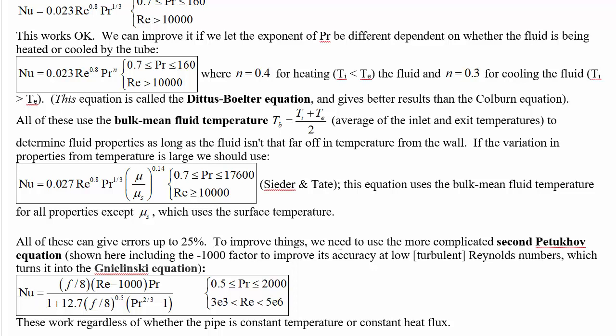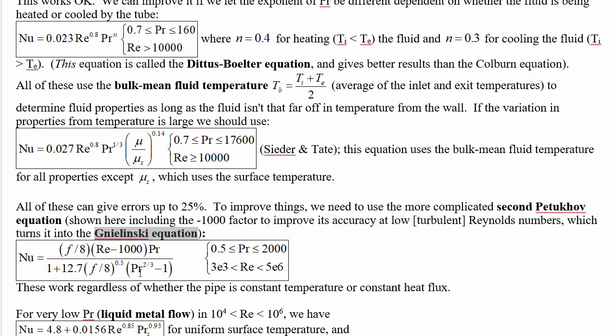So to improve things, we probably need to use a more complicated second Petukhov equation, which is shown here, including the -1000 factor to improve its accuracy at low turbulent Reynolds numbers, which then turns it into the one that we're going to use most of the time, which is the Gnielinski equation.